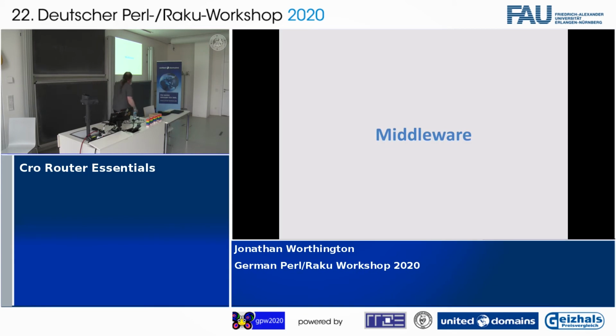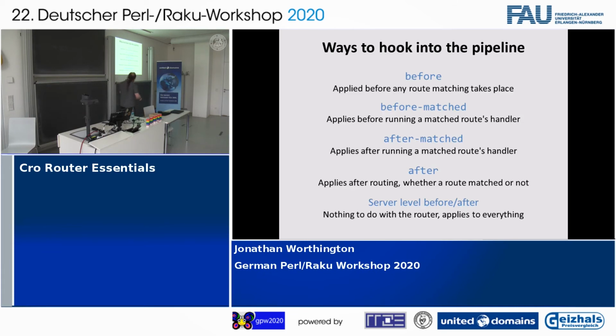Middleware. Okay, so middleware is stuff that happens around the request, or before the request, or after the request. Now, in a way, Cro is almost all middleware because it's a pipeline of components that get assembled. So all we're really doing is sticking something into the pipeline.